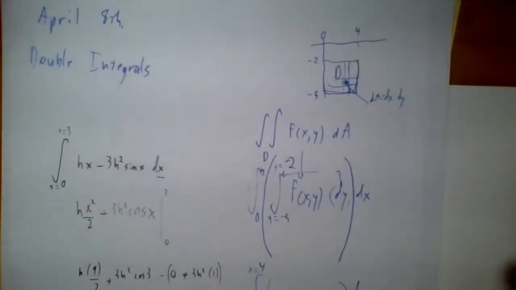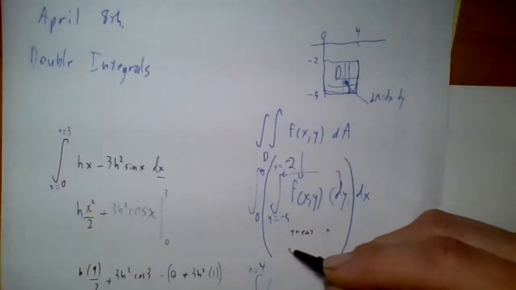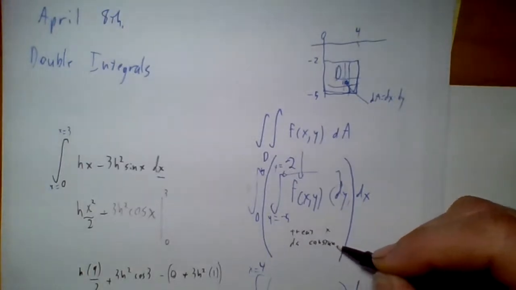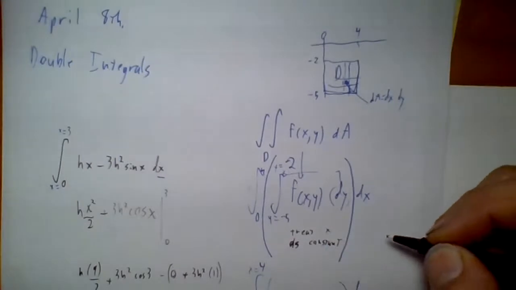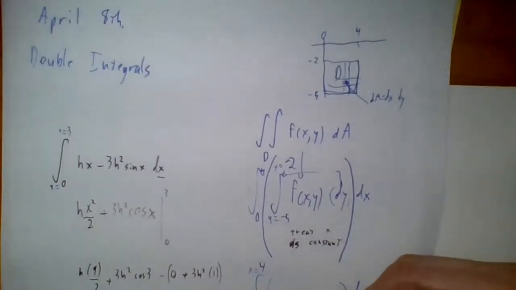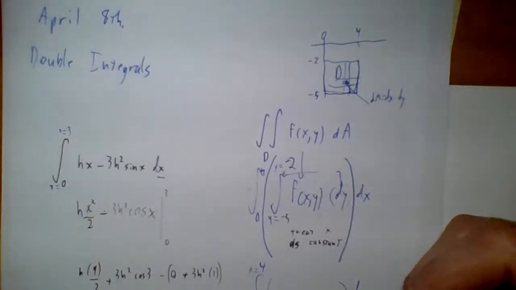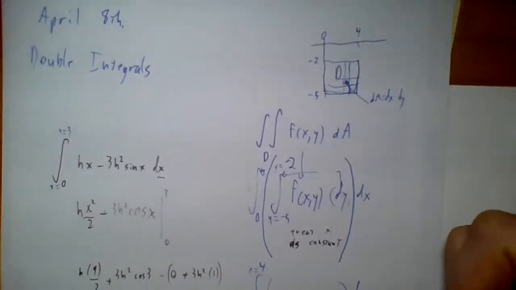So when we're doing the inside one, we treat x as a constant in the integration. Treat x as a constant in this thing. And when we get down to here, there shouldn't be any y's left because we're substituting things in for y. It's a definite integral. We're substituting those things in for y. So there isn't any y's to deal with in this.